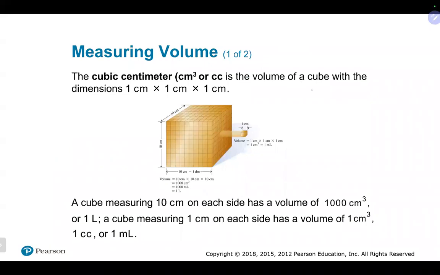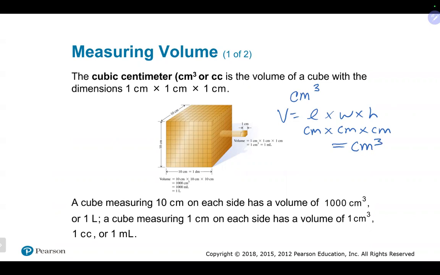We talked about it as well, but these are all volumes. A cubic centimeter is a volume, reached by taking the length times the width times the height. If you measure each of these in a length measurement and multiply them together, that gives you cubic centimeters, which is a volume.